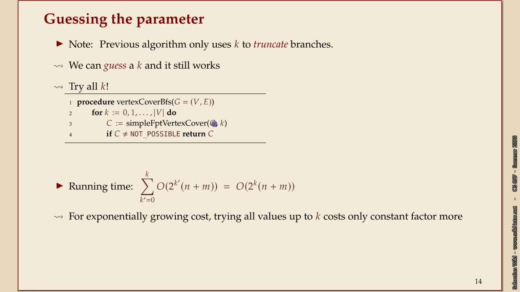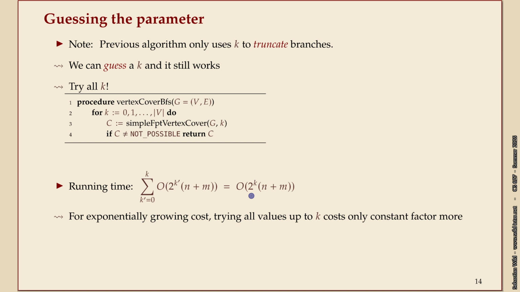And the running time for this simple vertex cover method is what we just analyzed. And if you simplify that sum, this part doesn't depend on k prime, so it goes out of the sum as a factor. What's left is the sum of the first powers of 2. That's bounded by the next larger power of 2. And so really the whole thing has the same running time as if you had known the parameter before, up to constant factors.